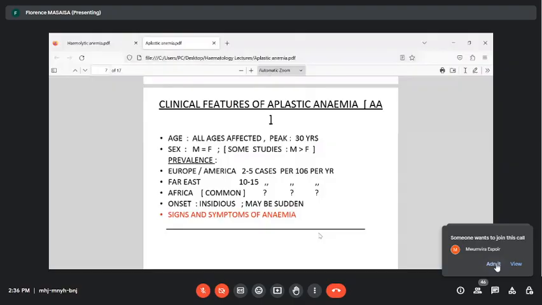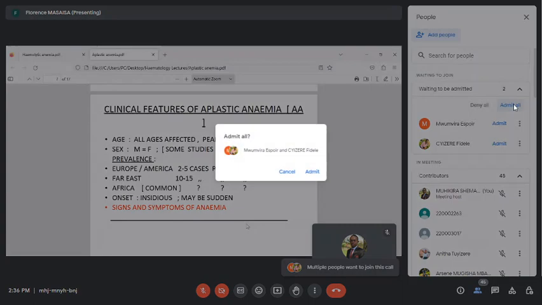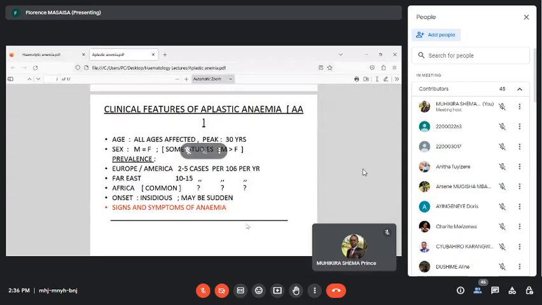If you understand the mechanism of this, what will be the manifestation of aplastic anemia? We can guess. How can someone with aplastic anemia present?